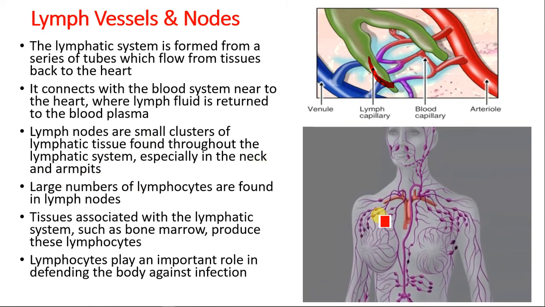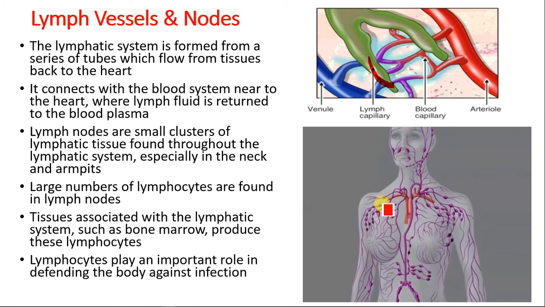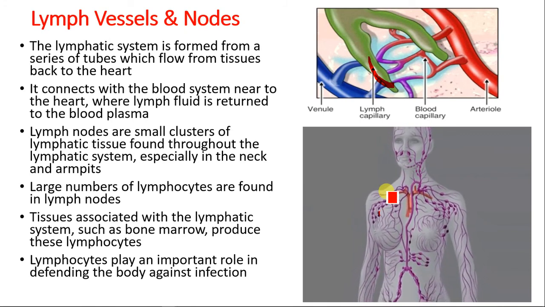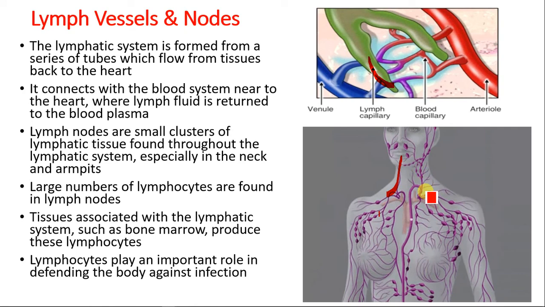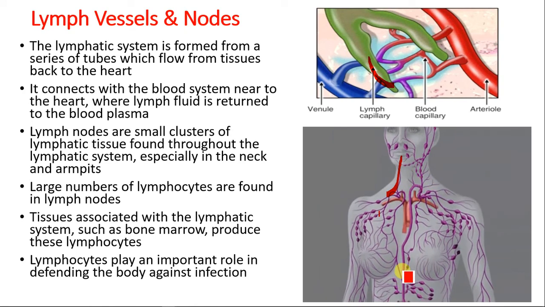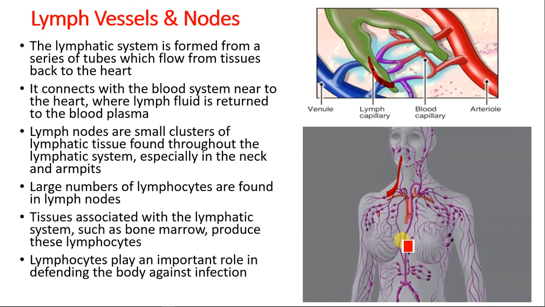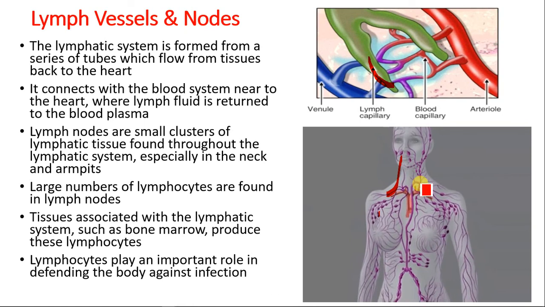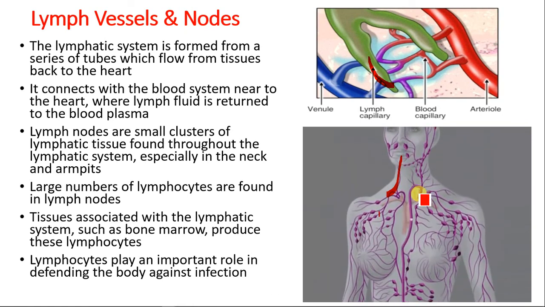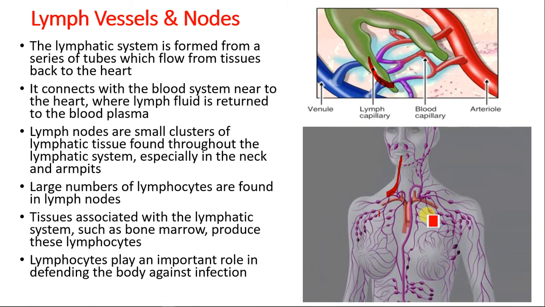These small circular structures are called the lymph nodes. The excess tissue fluid flows through the lymphatic system, and it returns back to the heart. Each of these points here forms the lymph nodes.